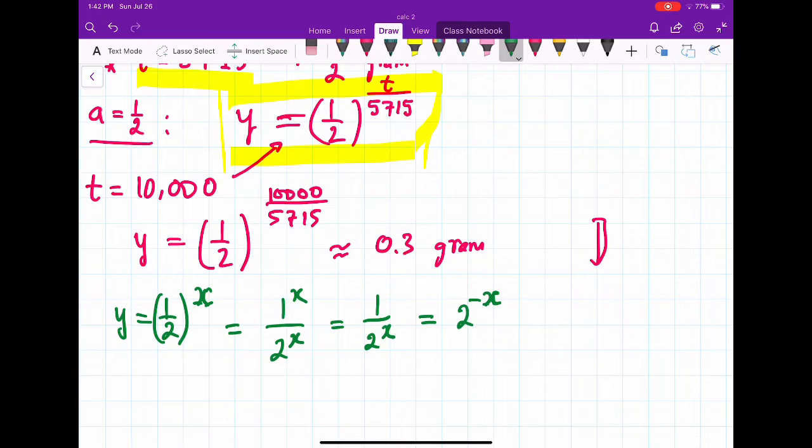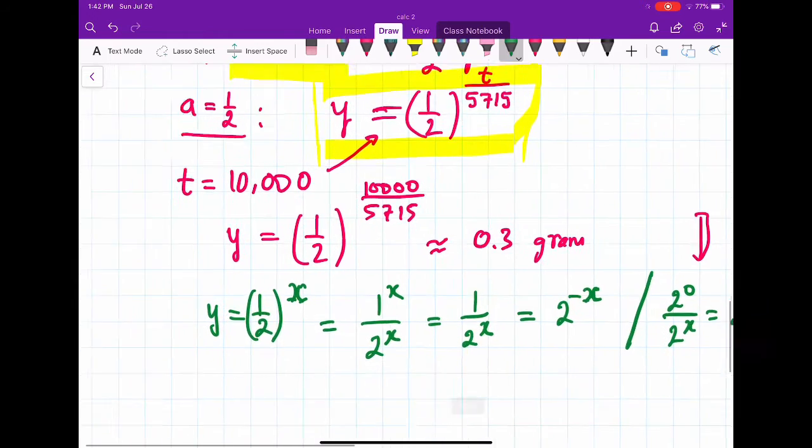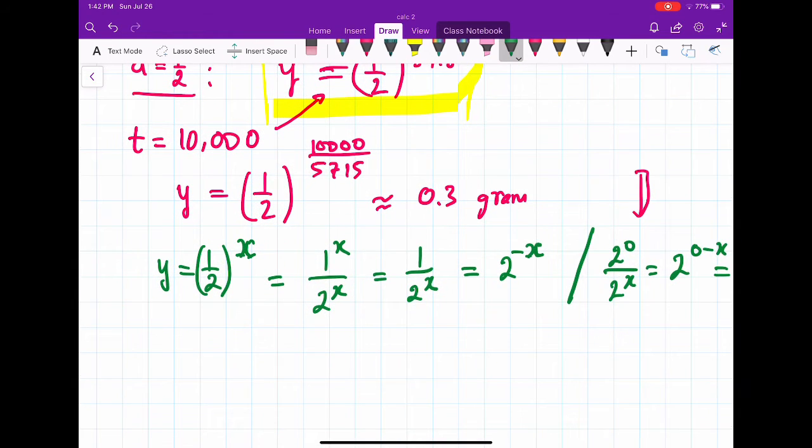Agree? Why? Because what is 1? 1 is 2 to 0. So 2 to 0 over 2 to the x equals 2 to 0 minus x, which is 2 to negative x. That means we need to graph this function.